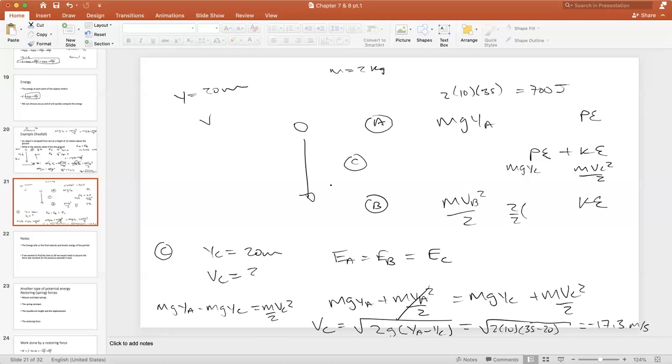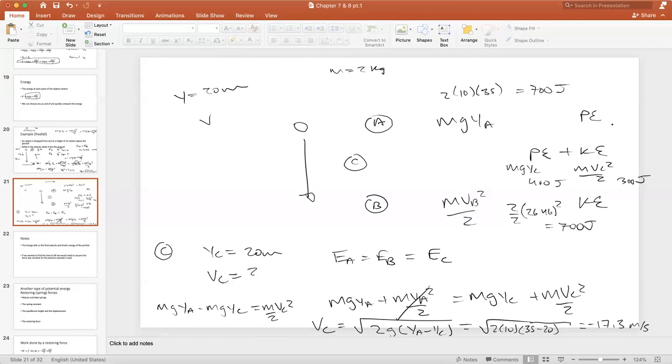26.46. Well, 26.46 times 26.46 is 700. So 26.46 squared, and this is 700 joules. So here, this is 2 times 10, so 20 times 20, this is 400. And this is 2 over 2, goes away. 17.3 squared is 300.